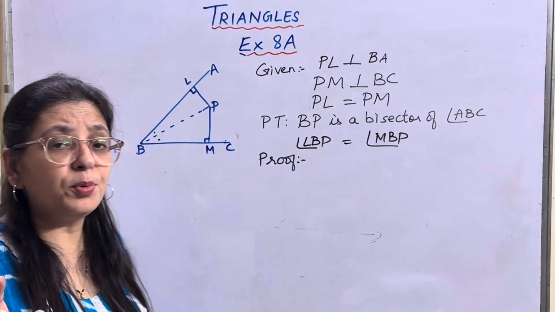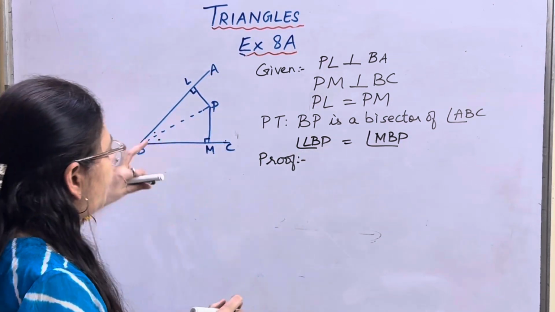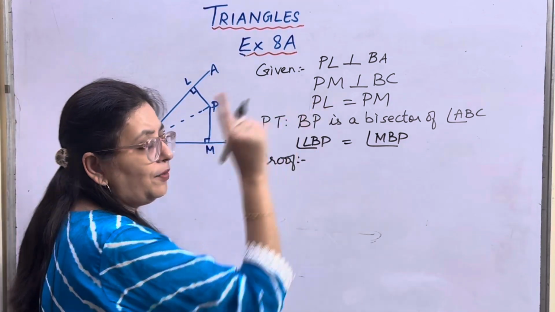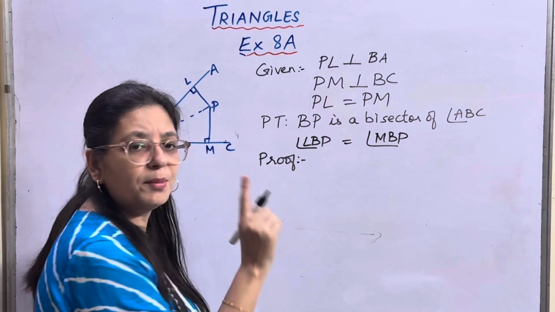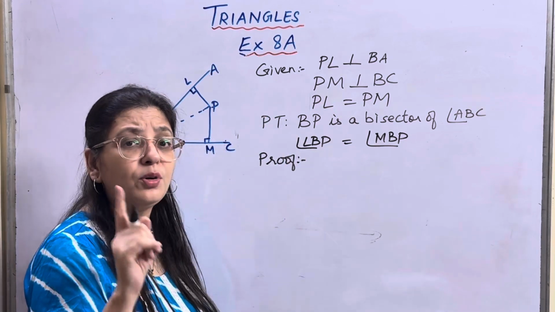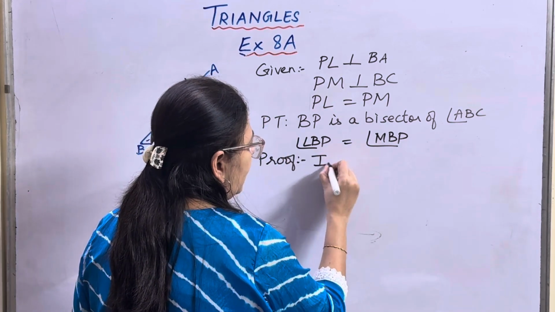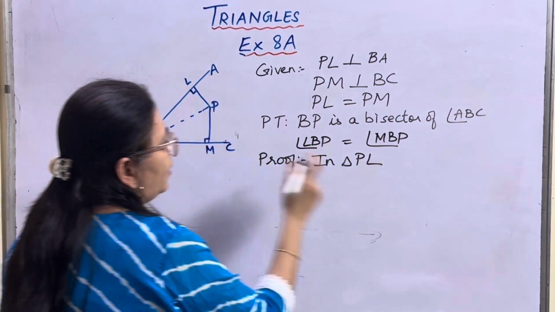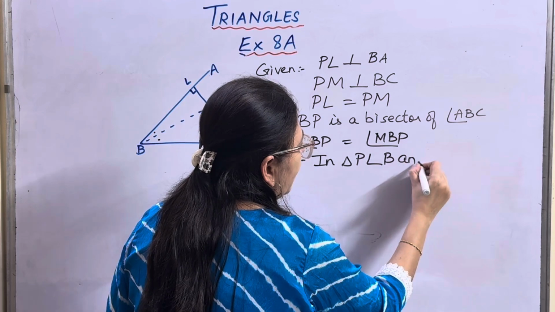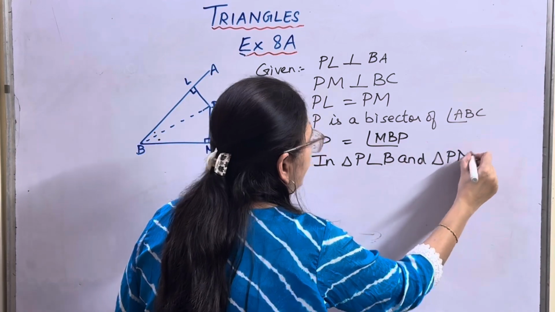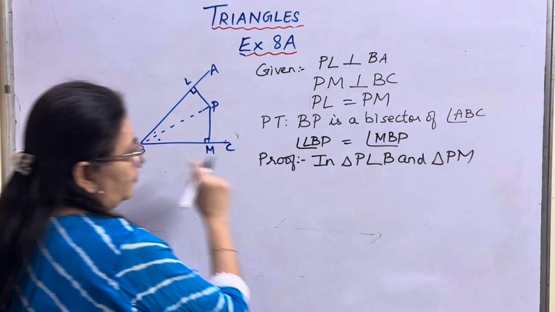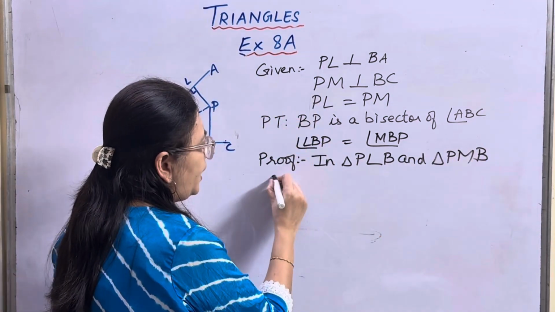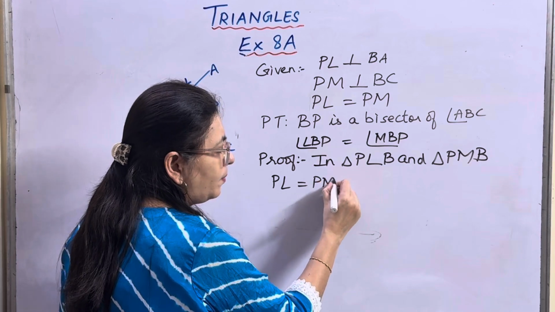So for proof you need two triangles. You have to prove these two angles are equal or congruent. So for that, what information is given to you? This information is given to make use of that to write the triangles. So in triangle PLB and triangle PMB, first condition, PL is equal to PM.